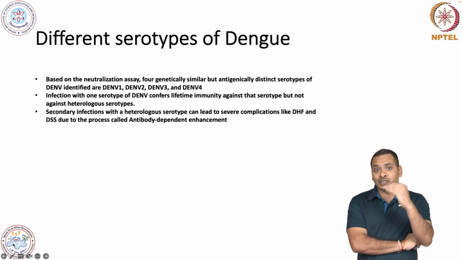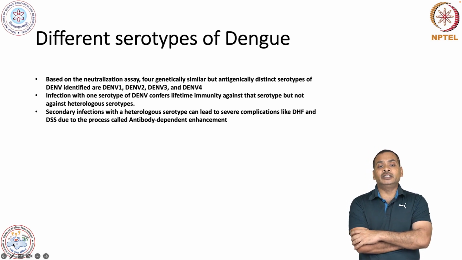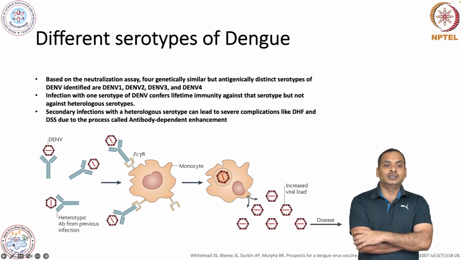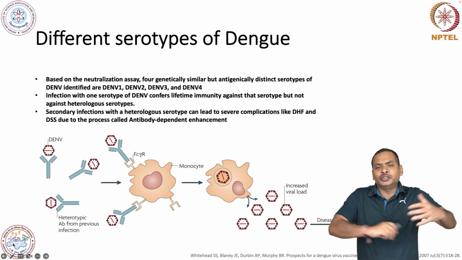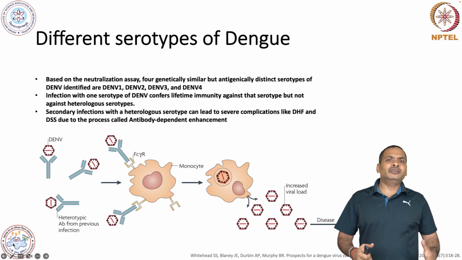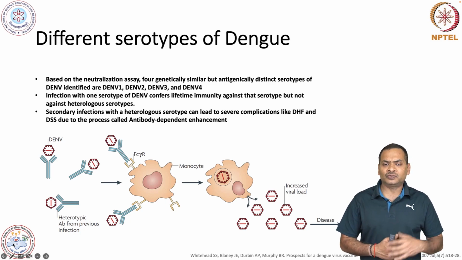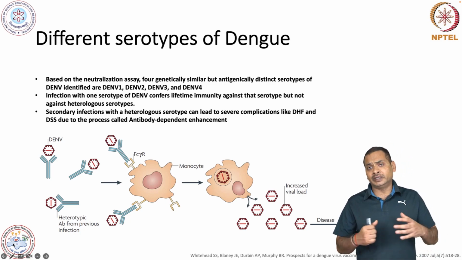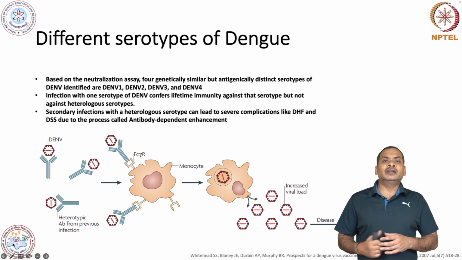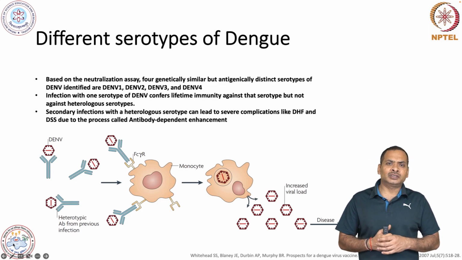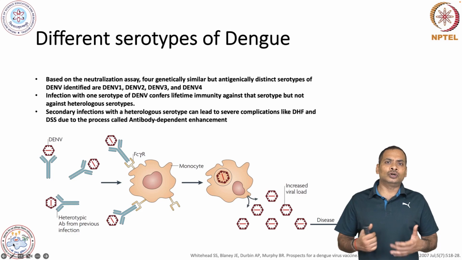So what is this antibody dependent enhancement? For example, the individual is infected first time by dengue 3, and now a second time is infected with dengue 1, 2 or 4.